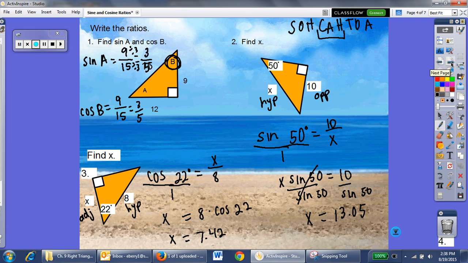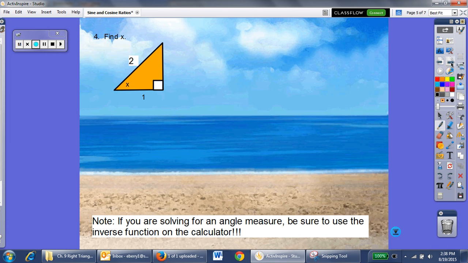Alright, let's do one more example. So this one, example 4, says to find x. And when I look at x, I need to find the measure of that angle. So writing this out, I can write x degrees, and I need to figure out what goes in the blank spot, sine, cosine, or tan. So it all depends on what you're given in the drawing here.